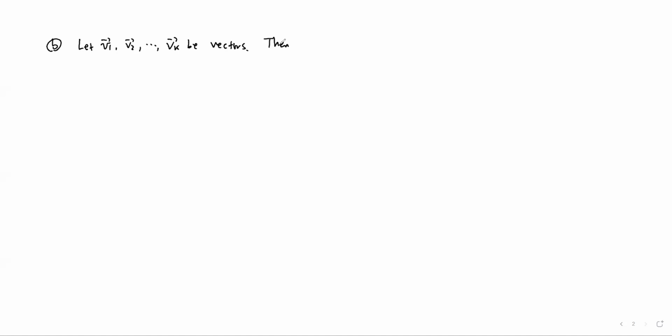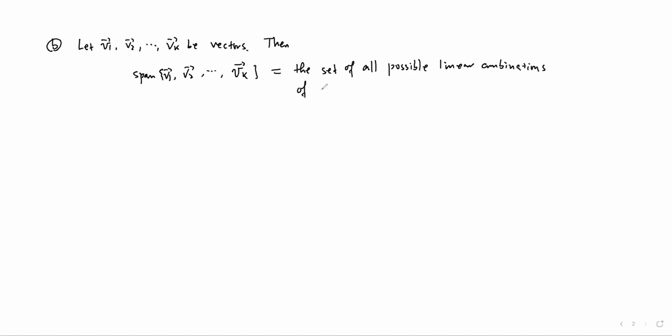Then I use the following notation to denote this set, the set of all possible linear combinations of these vectors.